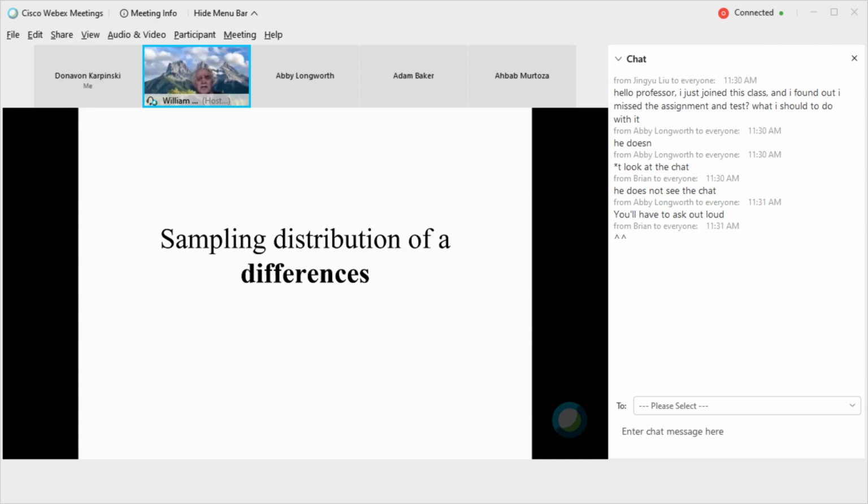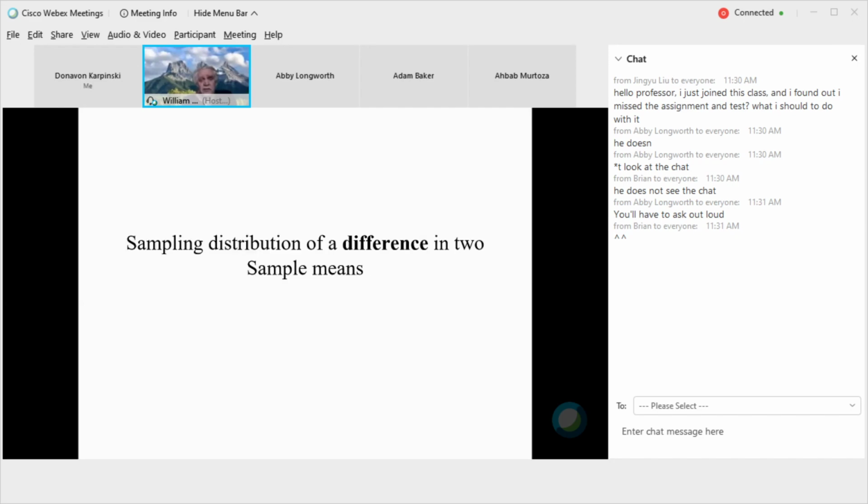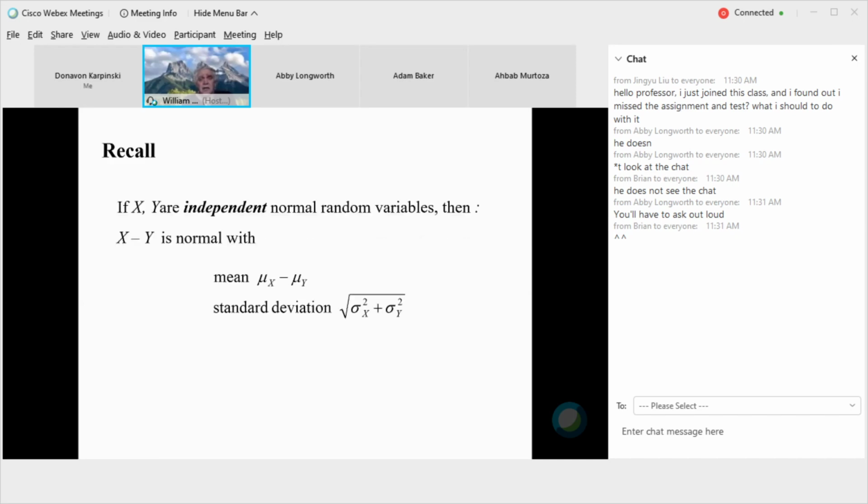The distribution of differences. Quite often when you have more than one population, you'll have a statistic from one of the populations, say a mean or a proportion, and a statistic from the other population, and to compare the populations, you'll probably use a difference. The sampling distribution of a difference in two sample means.